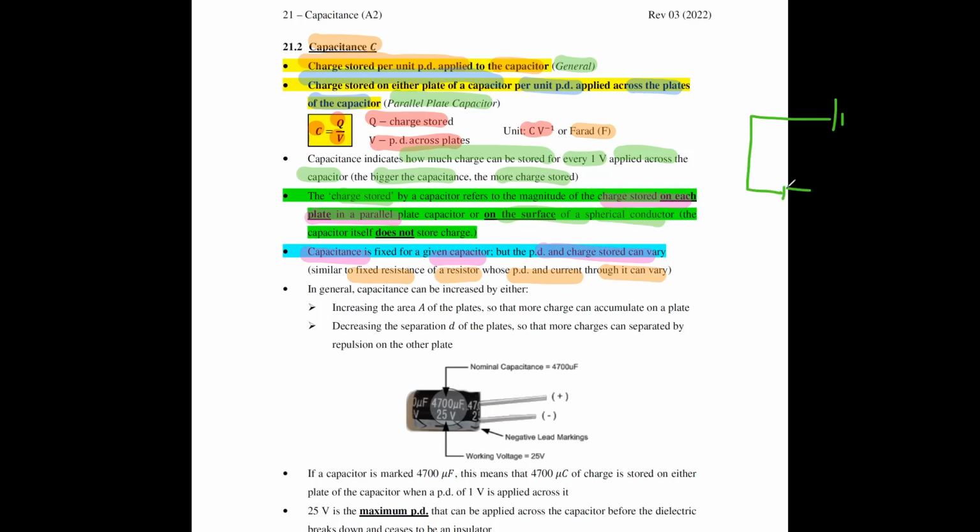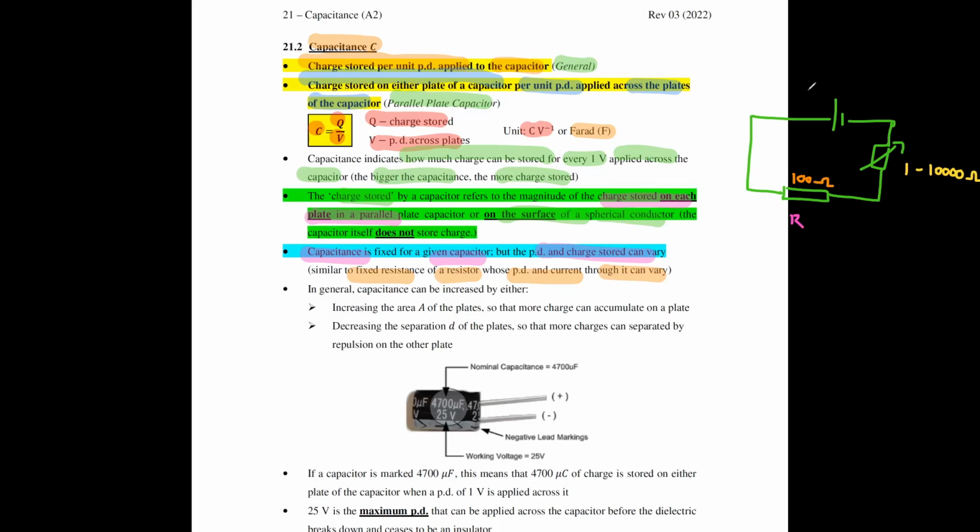Let's just say I tell you you have a fixed resistor here, and then you have a variable resistor here. I tell you that your variable resistor has a resistance between 1 to 10,000 ohm. And then this fixed resistor that you have here, its resistance is 100 ohm.